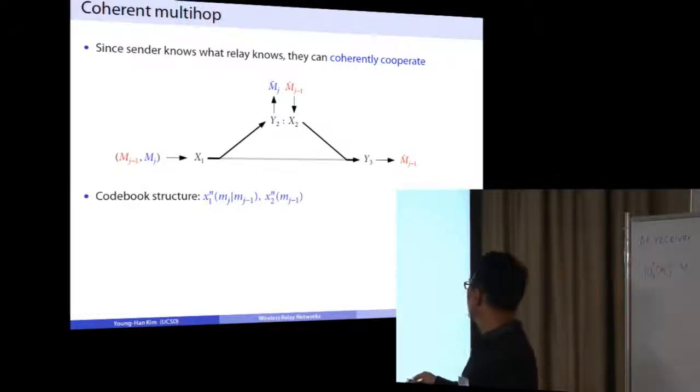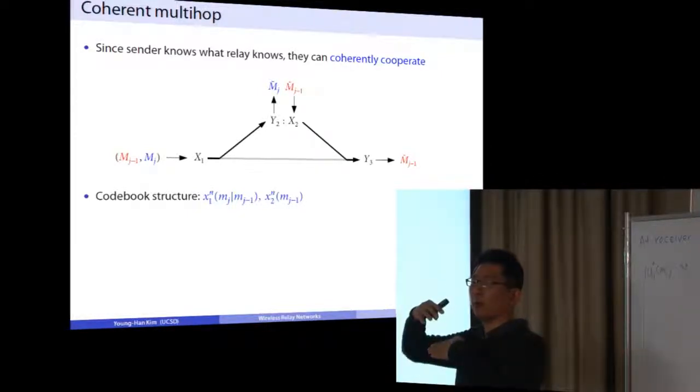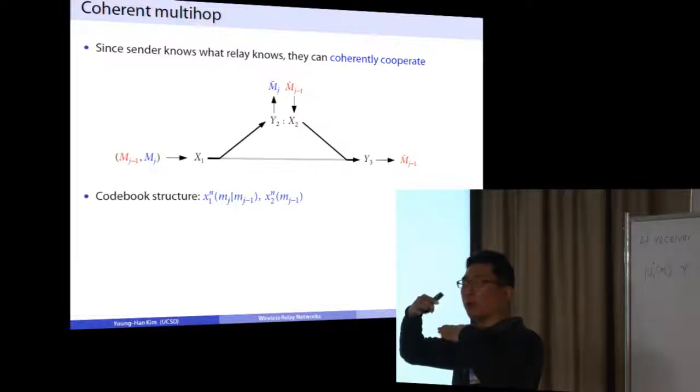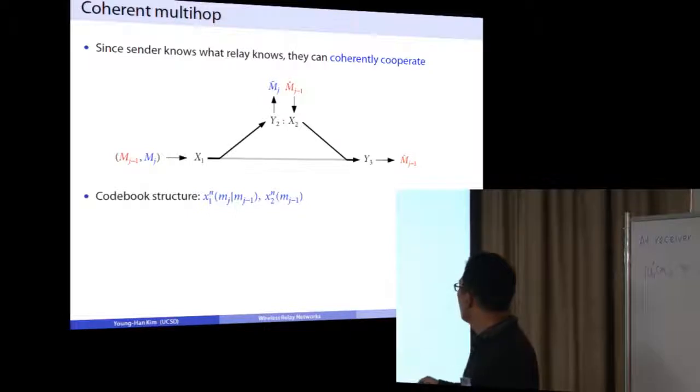So instead of using two independent codebooks, what X1 can do is, based on what X2 is sending, cooperatively transmit what X2 is sending as well as some fresh information. So I can always superimpose my signal on top of what the relay is transmitting.